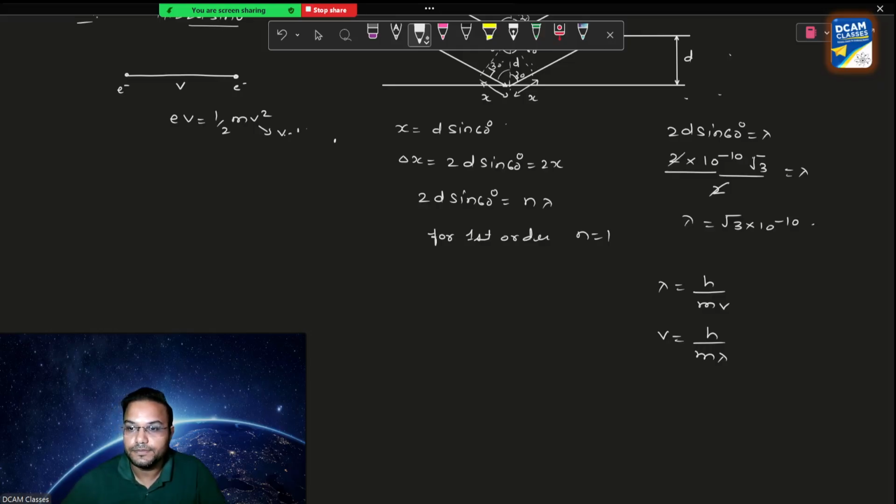So e into potential difference V is equal to half into m into h square by m square lambda square. Or you can do one thing. V is equal to h square by 2em lambda square.